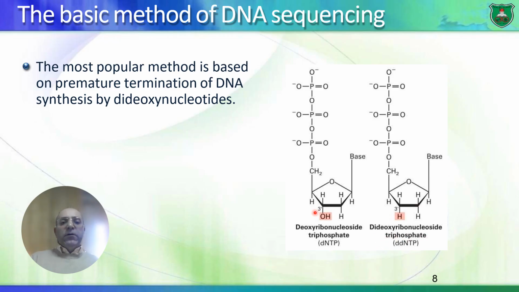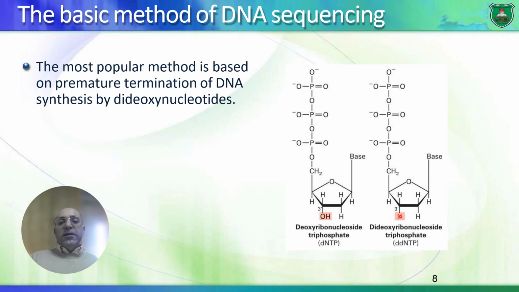Now, the idea here is that this is the normal substrate of DNA polymerase. Deoxyribonucleoside triphosphate, we have a hydroxyl group right here, and this is where the phosphodiester bond is formed. And we have a deoxy sugar because we have an H, we don't have an OH right here. Okay, great. Now, the dideoxy, not only does it have a deoxygenated carbon right here, it also has a deoxygenated carbon right here as well.